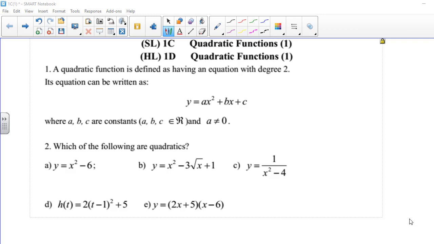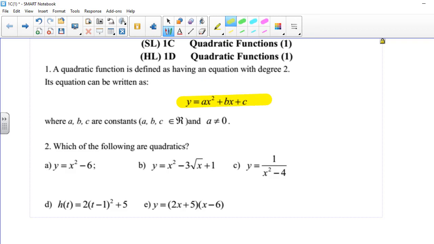The first question is, what is a quadratic function? A quadratic function is defined as having an equation with the highest degree 2. A quadratic function can be written as y equals ax squared plus bx plus c.